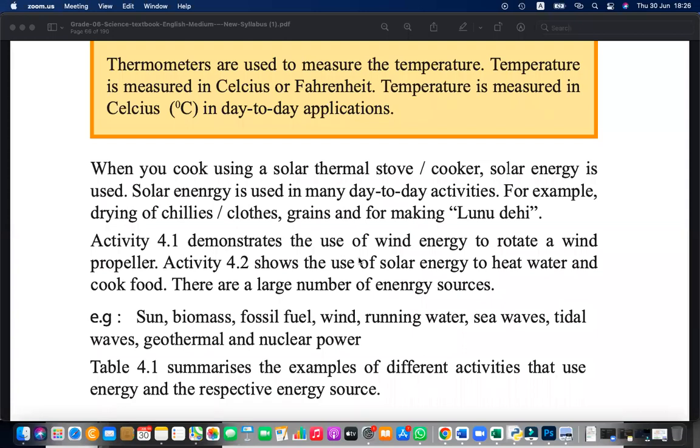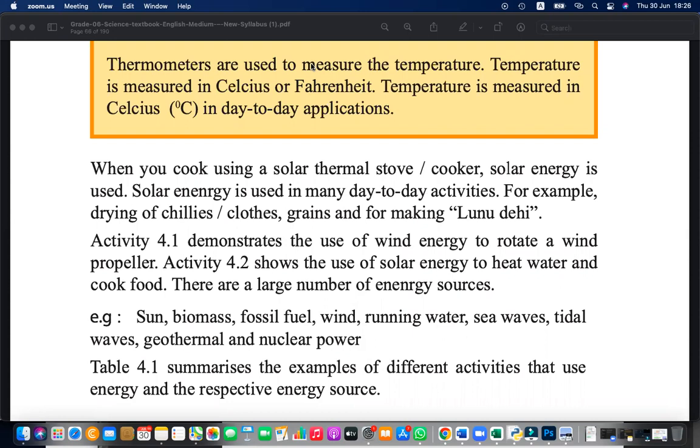Unfortunately, we don't have geothermal and sea waves, which can be used to generate electricity. Running water, yes, we have hydroelectric plants.